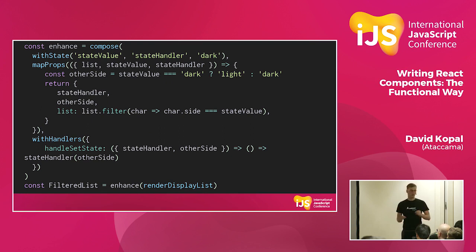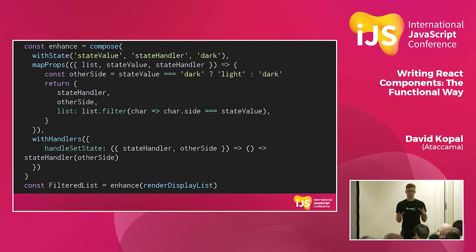Now, as I mentioned at the beginning, at Ataccama we are developing a pretty large application, and we are using the techniques I mentioned in this talk. So we are trying to use reusable components as much as possible, and the higher order component pattern is helping us a lot, because we move the logic to the higher order component and let the base component take care only of the UI.